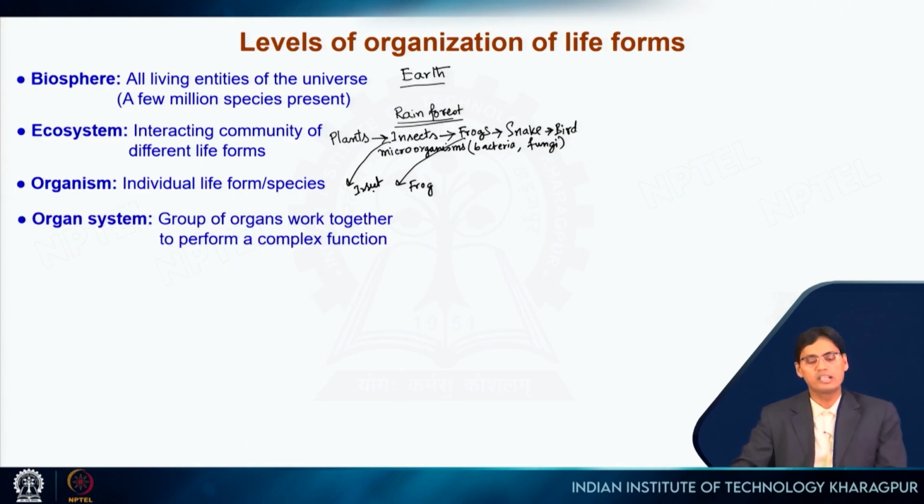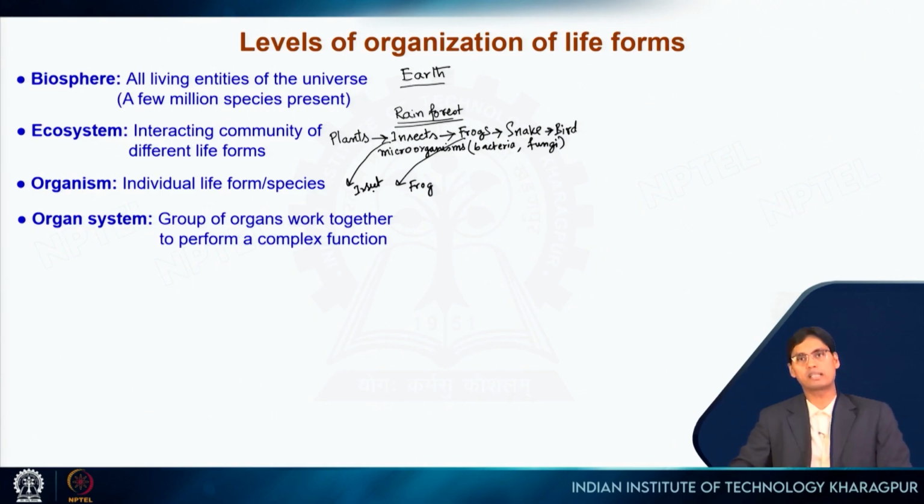Now if we go to the next level, the organ system. A group of organs working together to perform a complex function is called an organ system. For example, in the human body there are different organ systems.